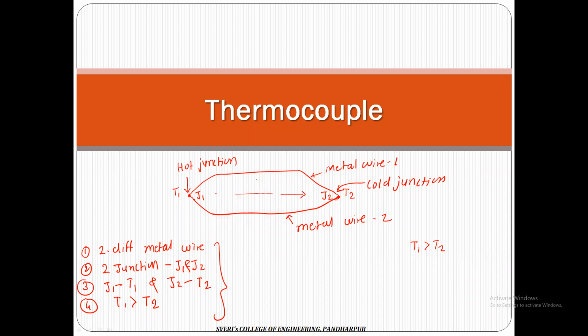As the electrons move, because of the potential difference between these two junctions, if you connect a voltmeter between any 2 points in this circuit, it is observed that due to the potential gradient between the two junctions, an EMF is generated in that circuit.